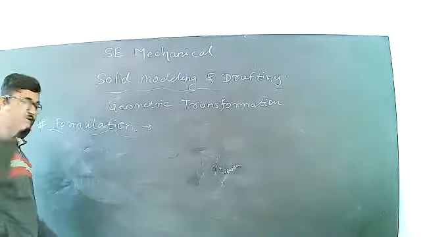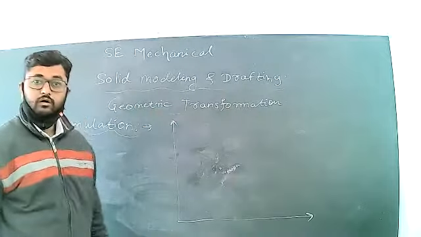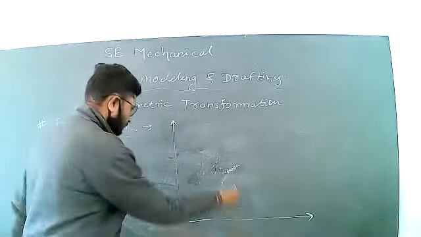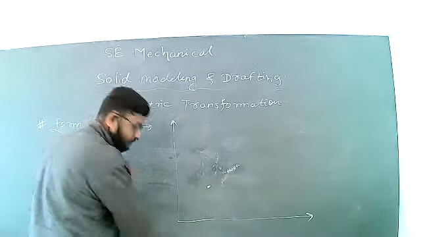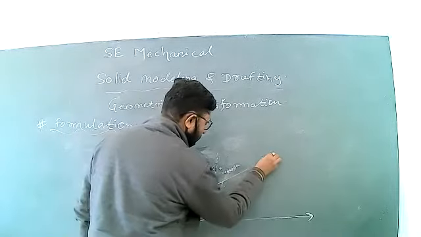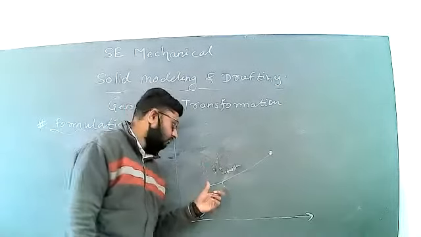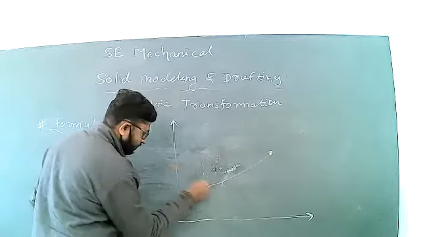So for example, I'll just draw one graph which shows points and lines. I draw one line by joining 2 points.